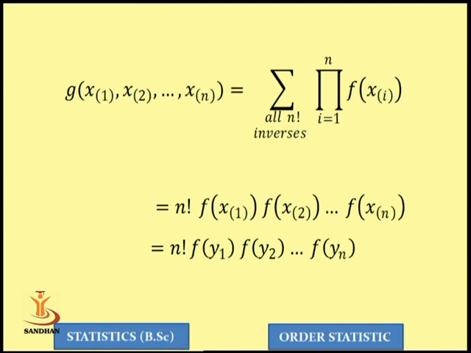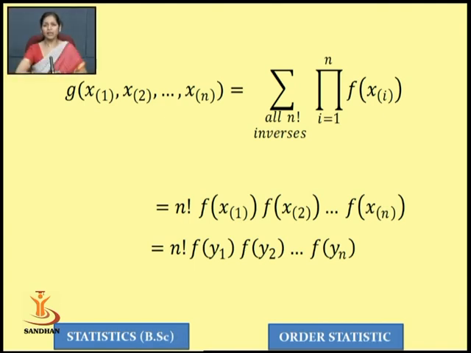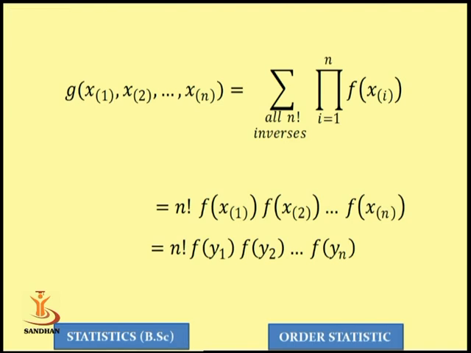And the joint distribution of all n order statistics will be given by the summation over all possible n factorial permutations of our observations when we want to arrange them in order. Because the observations are IID, their joint density is basically the product of the individual marginal densities. So it is the product of f(xi) and the summation taken over all n factorial possible permutations.